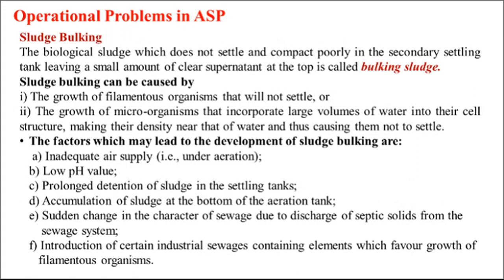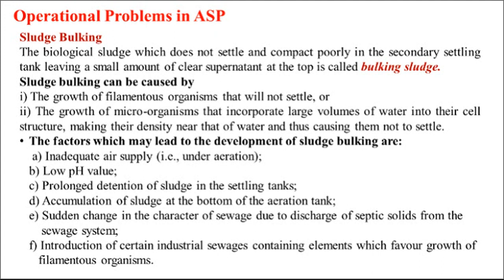Next, operational problems in the activated sludge process. One of the most important problems observed at the time of working of ASP is sludge bulking. The biological sludge which does not settle and compact properly in the secondary settling tank, leaving a small amount of clear supernatant at the top, is called sludge bulking.